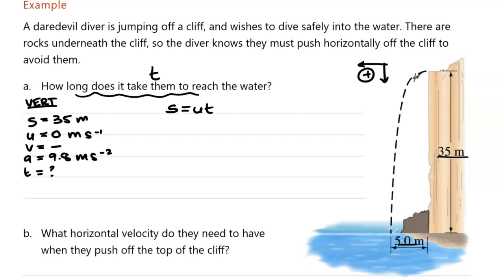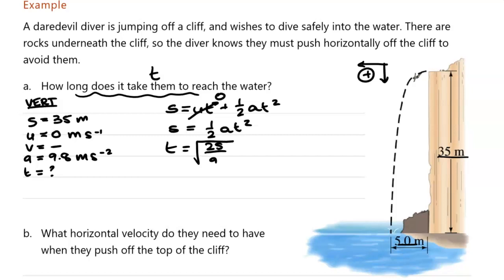S equals UT plus half AT squared is going to work quite nicely here because UT is going to be 0 because U was 0. So S will be half AT squared. T is going to be 2S on A and take the square root. So 2 times 35 on 9.8.